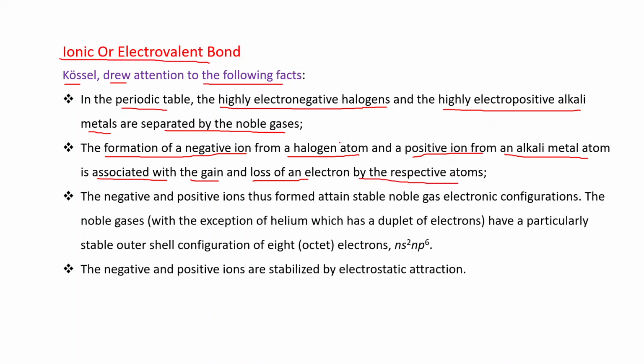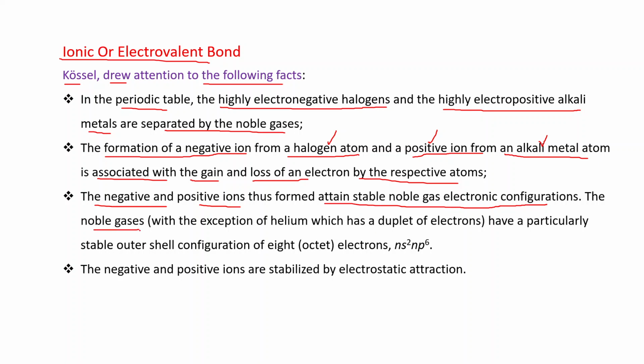It means a halogen atom gains an electron and forms a negative ion, and an alkali metal atom loses an electron and forms a positive ion. The negative and positive ions thus formed attain a stable noble gas electronic configuration.